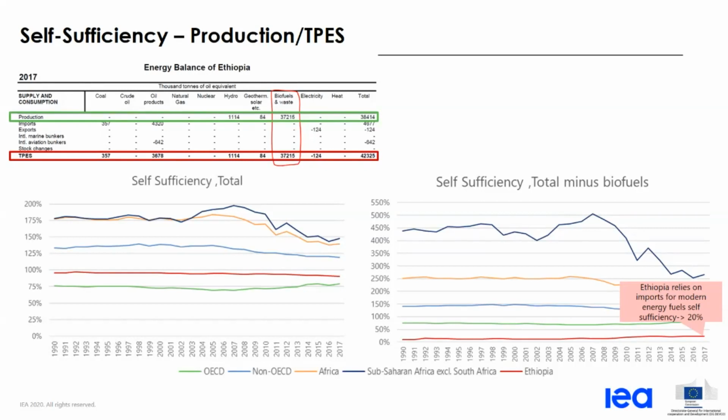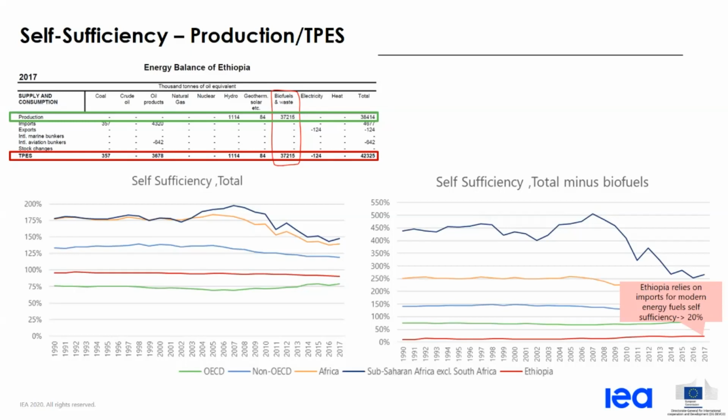Indeed, all the oil products that you consume in the country are coming, for example, from other economies. So you are importing most of the fuels. So if you exclude biofuels and hydro, you can see that most of the products are not coming from the production line in the year balance, but are coming from imports.